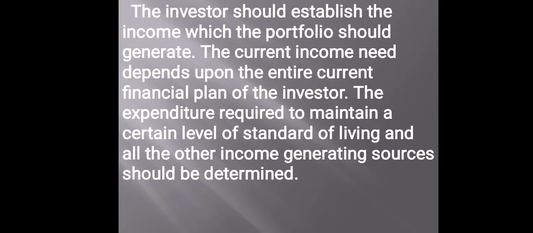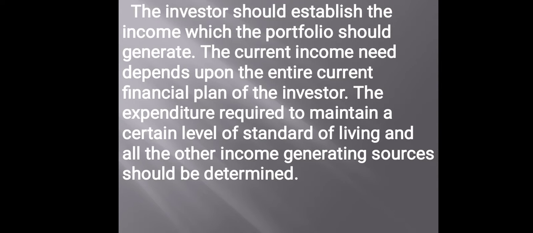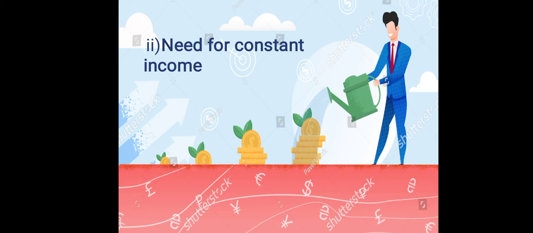The expenditure required to maintain a certain level of standard of living and all the other income generating sources should be determined. Once this information is arrived at, it is possible to decide how much income must be provided for the portfolio of securities. The next constraint is need for constant income.